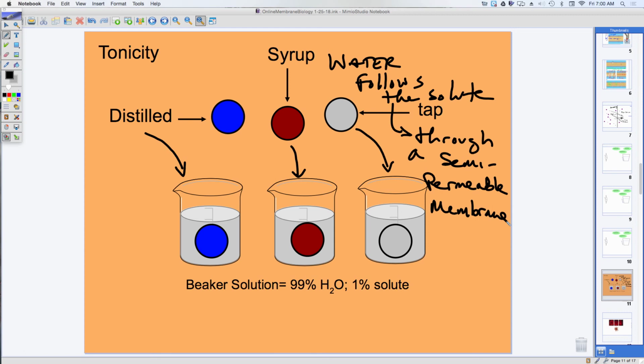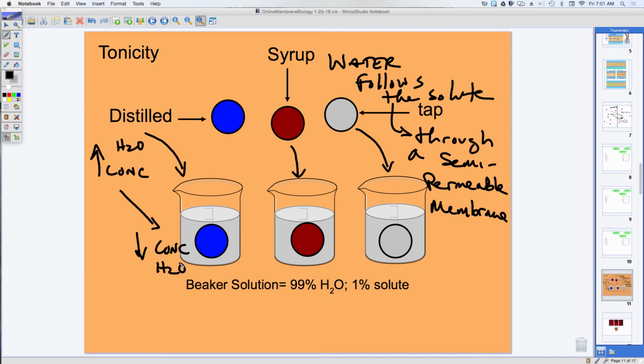Osmosis is the diffusion of water across a semi-permeable membrane, and water always goes from a high concentration to a low concentration. What that is a reference to is that we're going from a high water concentration to a low water concentration.